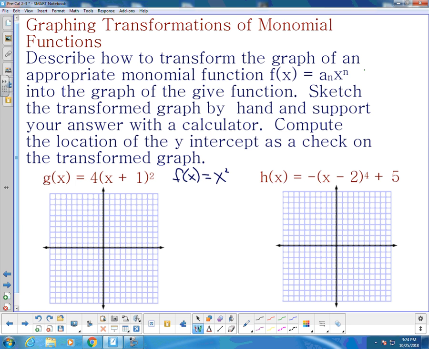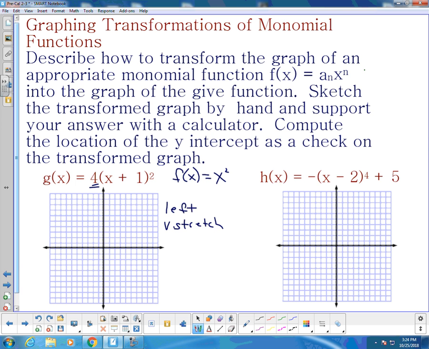So in this case, the x is adding 1, so we know that that is moving the graph left 1. We are multiplying outside, not in here with the x, but out here. We're multiplying by 4, so that's a vertical stretch by 4. Okay? So it's going to pull it real skinny. It's going to pull it up, and it makes it a little bit narrower.